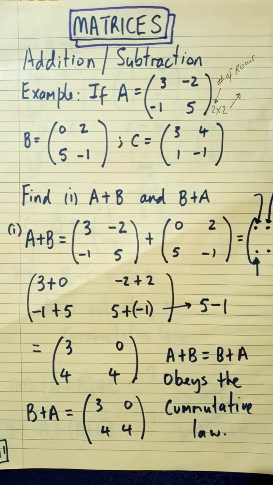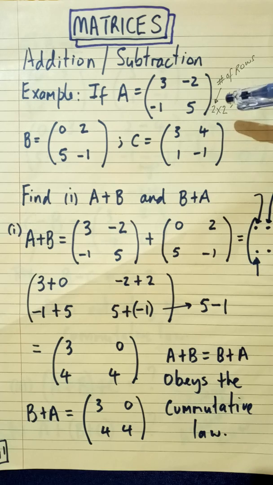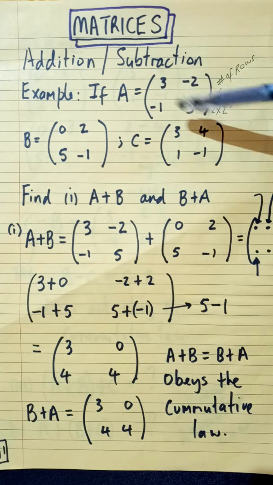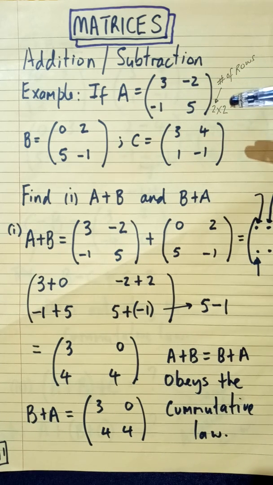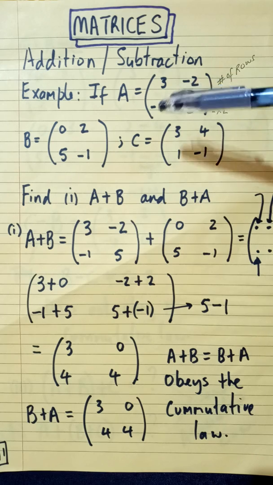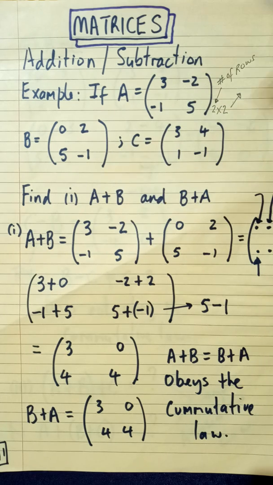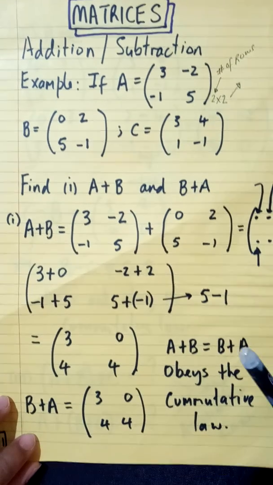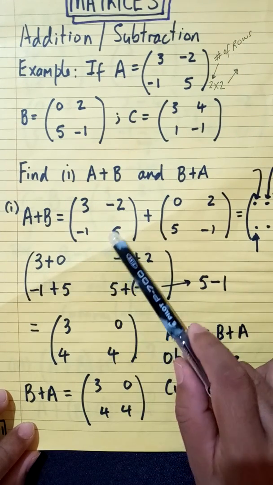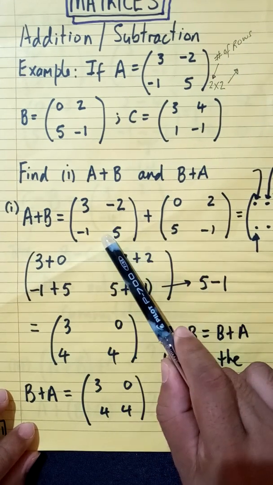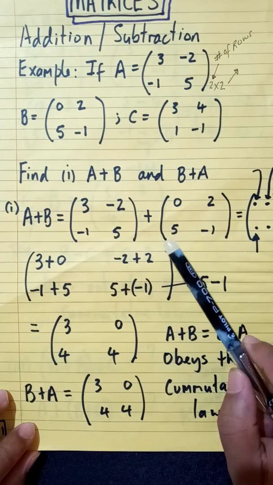We're going to look at how to add and subtract matrices, and we will be mainly looking at 2 by 2 matrices. So in this example here we have 3 matrices, A, B, and C. The question says to find A plus B. So for A plus B, we set it out like that.